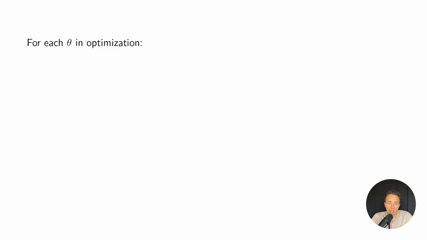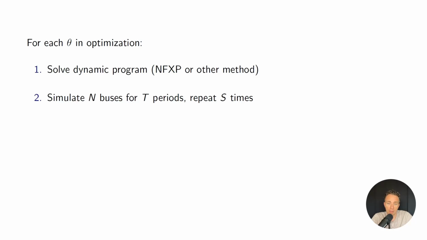So the steps that we would follow are, for each candidate value of the structural parameters for the Rust bus engine problem, we need to solve the dynamic programming problem using the nested fixed point algorithm or some other algorithm, and then use the policy function, which is the policy choice probabilities from that model, to simulate the replacement decisions for n buses and t periods, repeated capital S times.